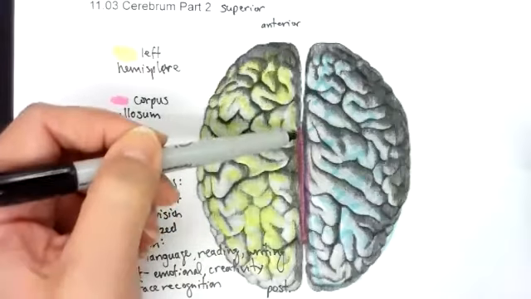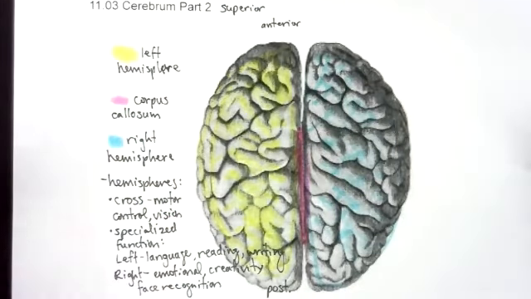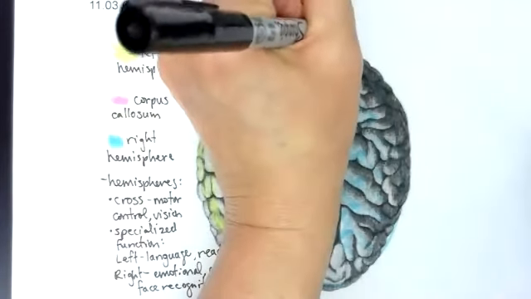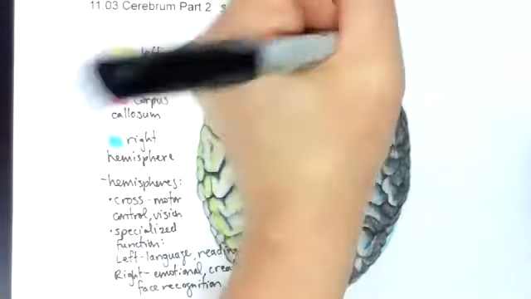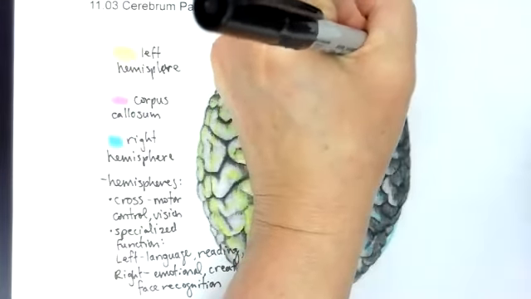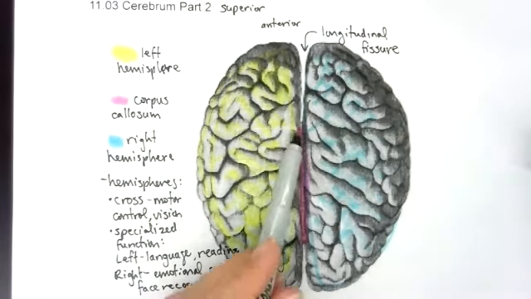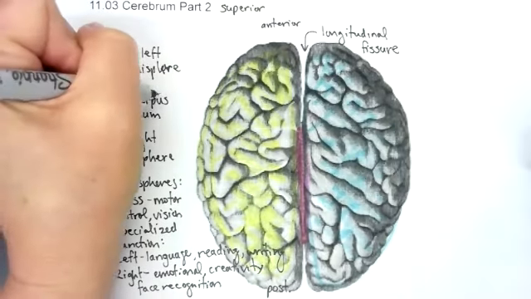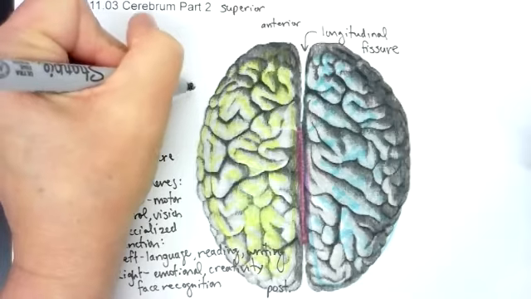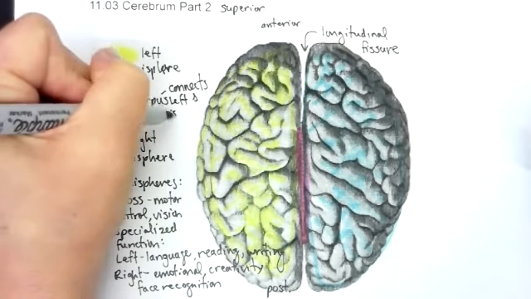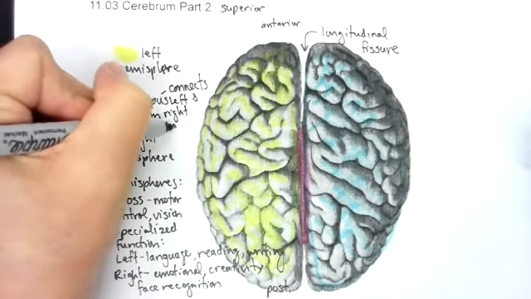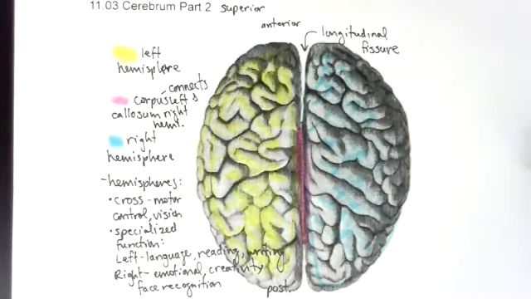Then we have this structure here, the corpus callosum. Let's label two. I forgot. The fissure that goes between the left and the right is called the longitudinal fissure. So this structure, the corpus callosum, connects the left and right hemispheres.